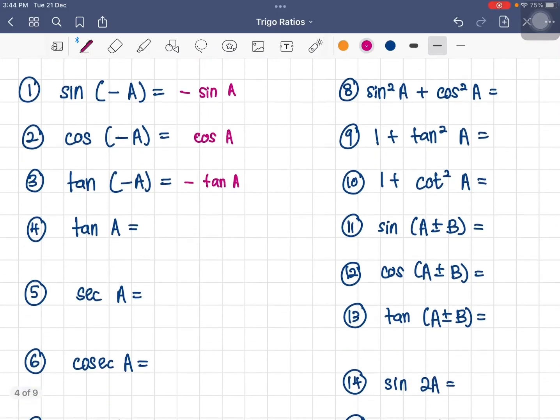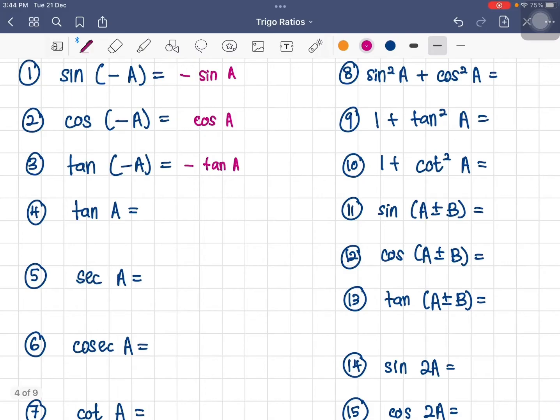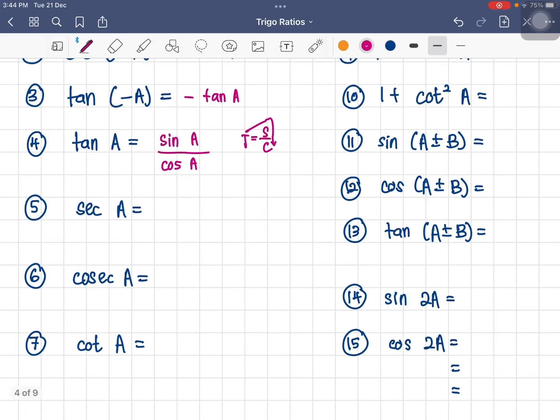All right, and tangent of a, you can write this as TSC. I should always remember it as TSC: tangent equals sine a over cos a. Now for secant, you look at the third letter here, so it should be 1 over cos of a.